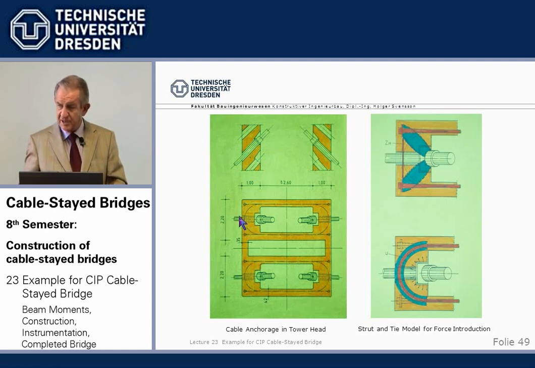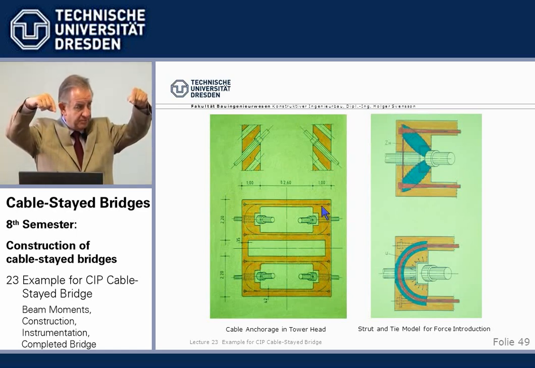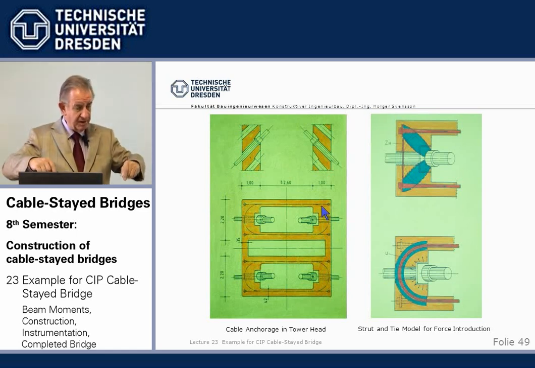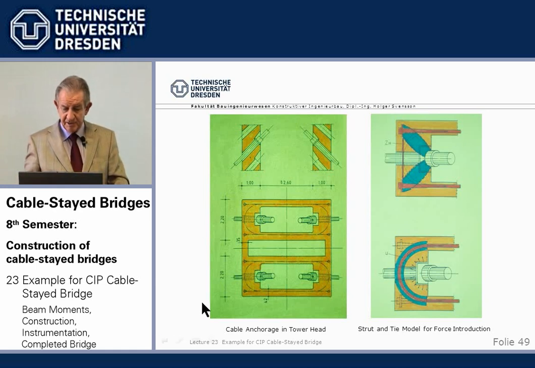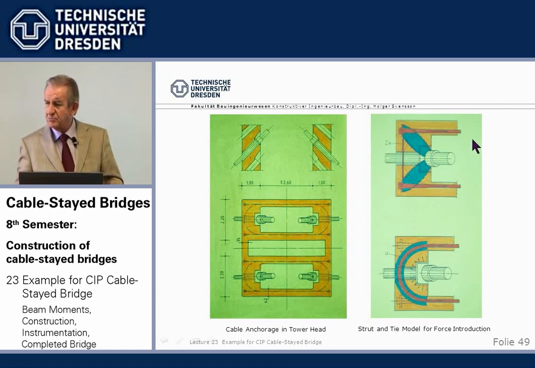So how to take the cable forces? The horizontal components we take with loop tendons, overlapping loop tendons, and the vertical force is inserted by itself, so to say, into the concrete. Now, how do we get the cable force into these loops? We use a strut and tie model, Fachwerkmodell.